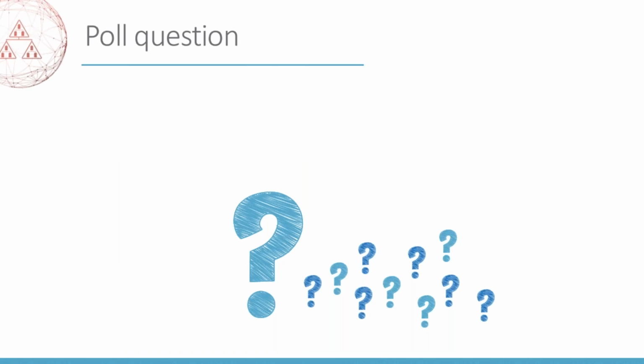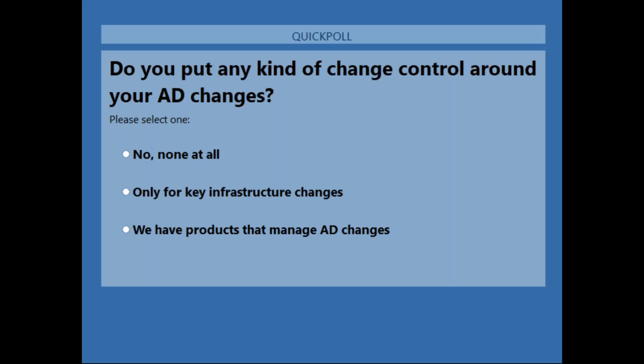So we've got another quick poll. Maytal could throw that up and we get a little bit more information about some of your experiences in this area. Thanks, Darren. The question is, do you put any kind of change control around your Active Directory changes? The possible answers are no, only for key infrastructure changes, or we have a product that manages Active Directory changes completely.